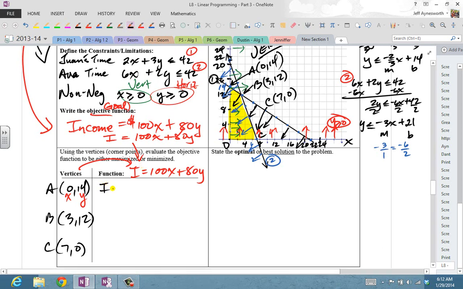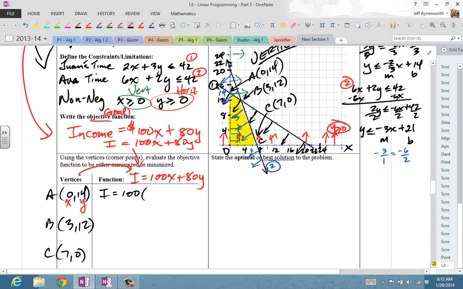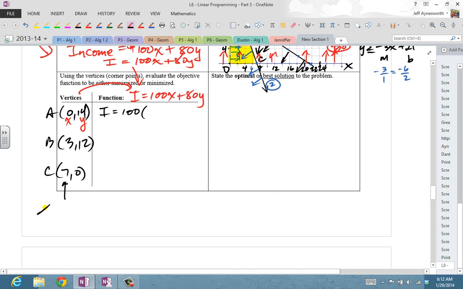So for the first one here, we've got 100 times x, which stands for, let's go up here, which stands for the tables. So it's tables and chairs. So these are tables. Alright, the y coordinates are chairs. Alright, number of tables, number of chairs.